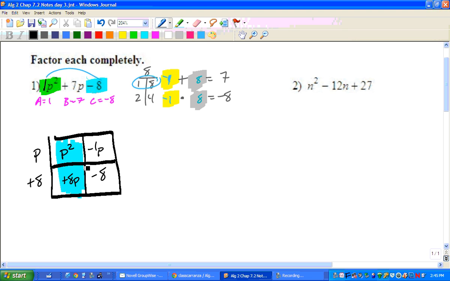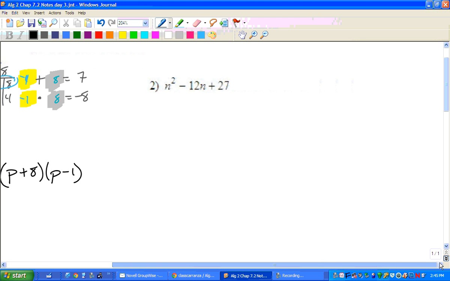Oh, I'm sorry, I forgot to write a P down there. The GCF of the top, to the left, is a P. And now the GCF of the right, which is negative 1. And now that we've got all that, we've worked backwards to factor out the binomial. Okay?